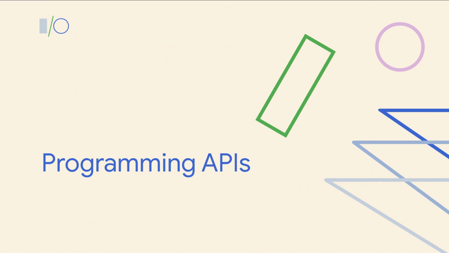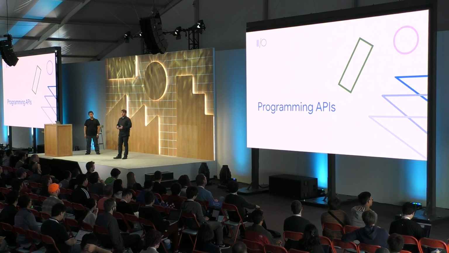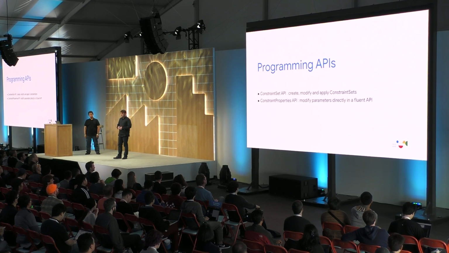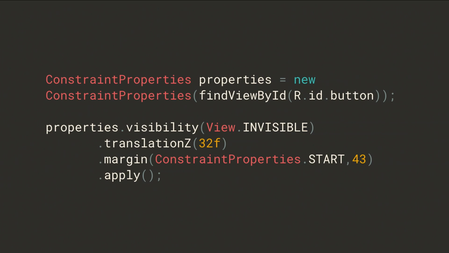The other step that we took to bring more flexibility in ConstraintLayout 2 is adding more APIs for you to use. We have the ConstraintSet API, which is a way of basically getting the state of the layout, and you can change it and reapply it to ConstraintLayout.